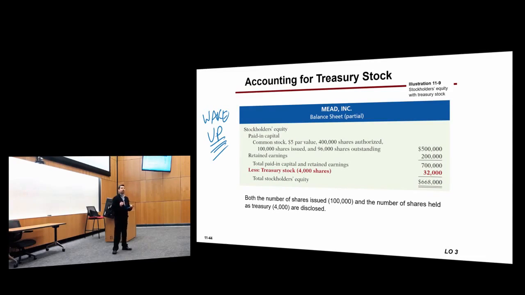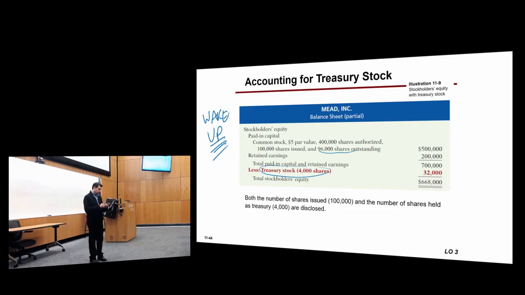So we have 100,000 that are issued. 96,000 shares are outstanding. So the common stock is 500,000, retained earnings is 200, less the 4,000 that are in the stock.